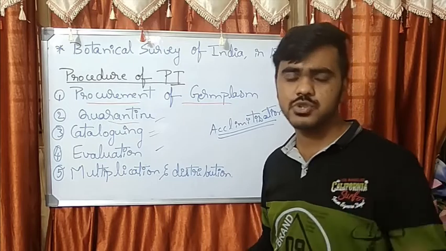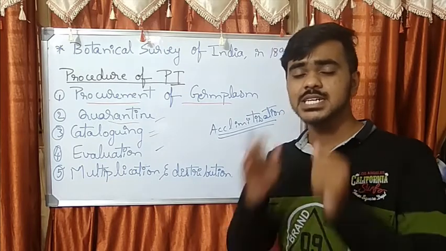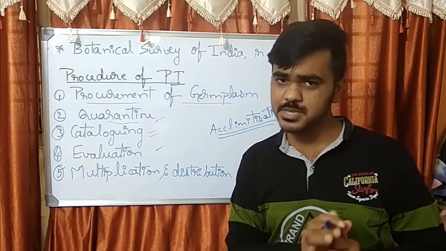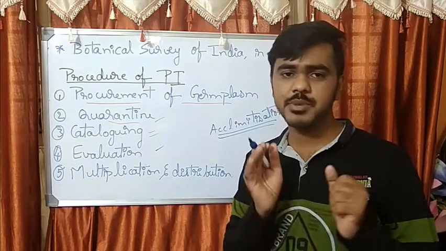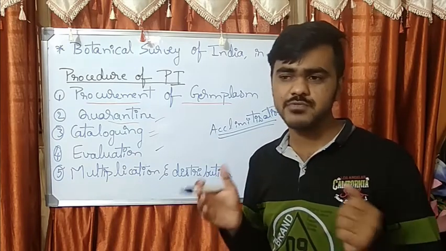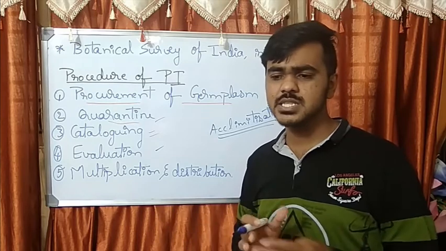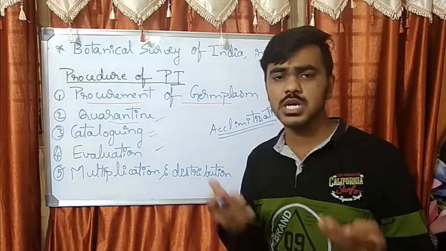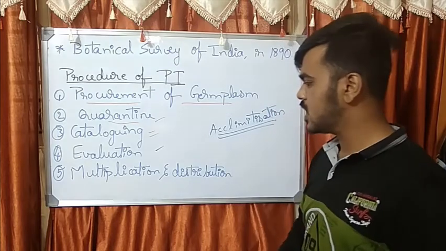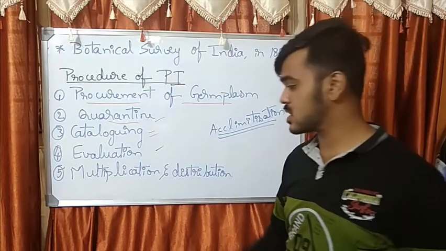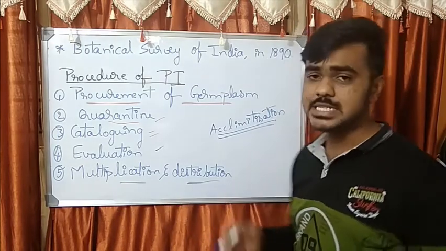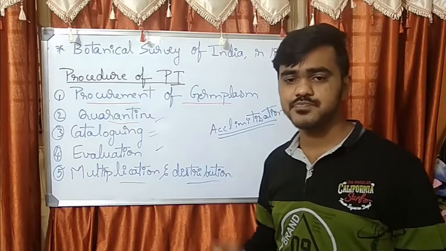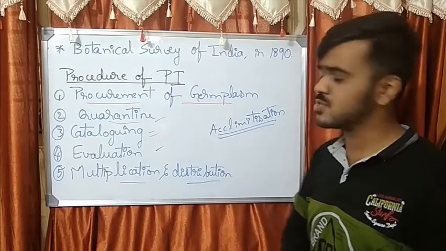It should adapt to the new environment, and the variability should be present in the germplasm itself. The variability is a must, because if there is no variability, then the survival of that germplasm will not be long. I hope you know the importance of the variability. And the promising ones go for the multiplication and then the distribution. By this, the plant introduction will be made.